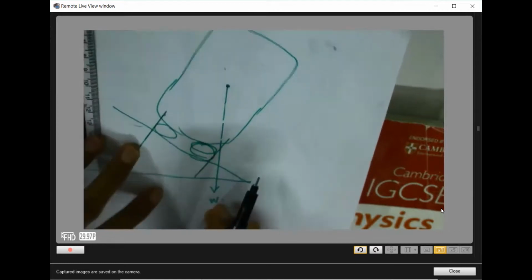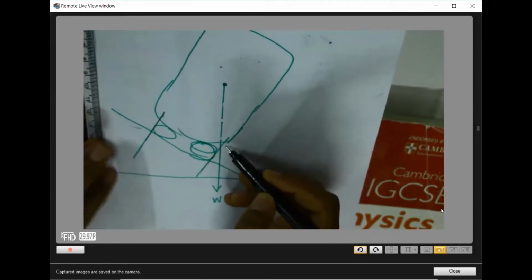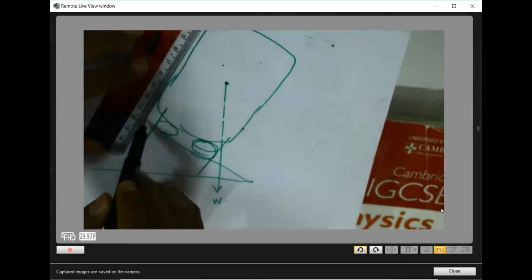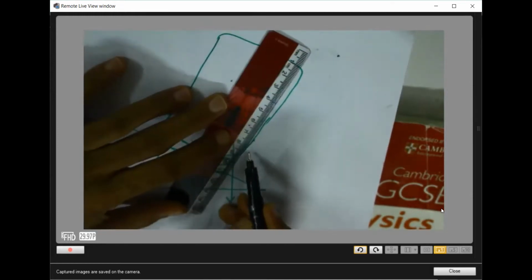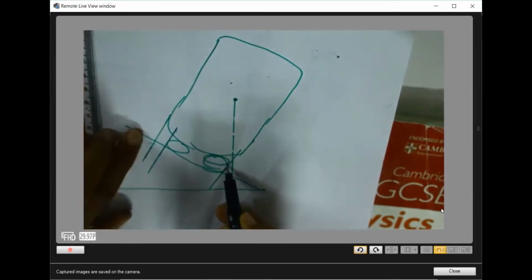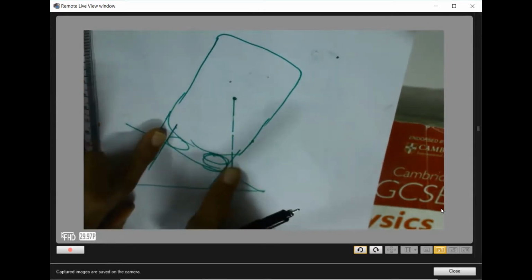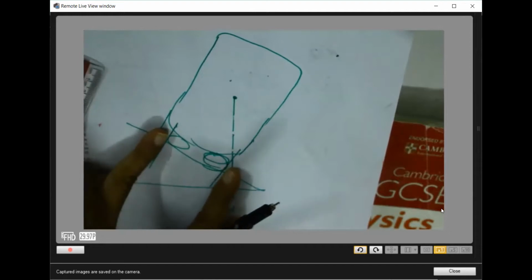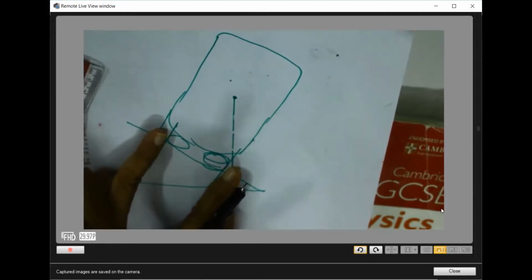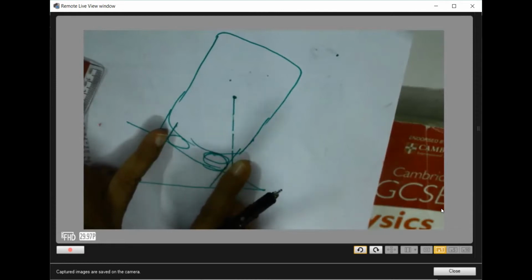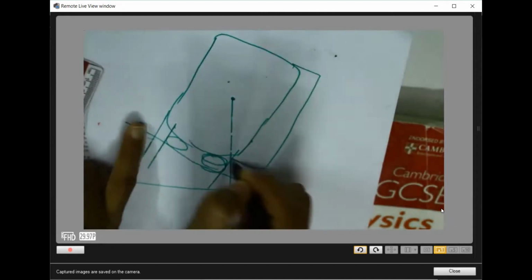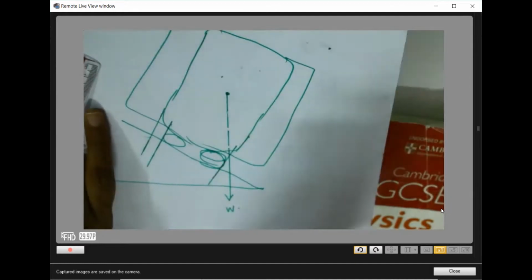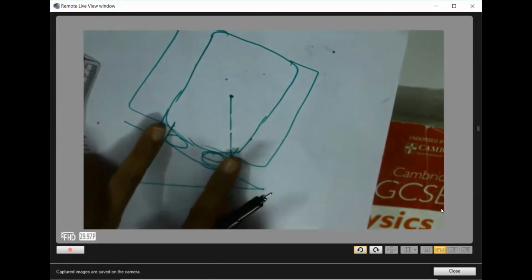Zainab, you will not take this as the base. What I'm trying to say is that don't take this whole thing as the base. From the wheels, from where it is resting on the ground, this is the base. Remember this. If, for example, the truck is this big, the truck can be this big, but still the base is this.